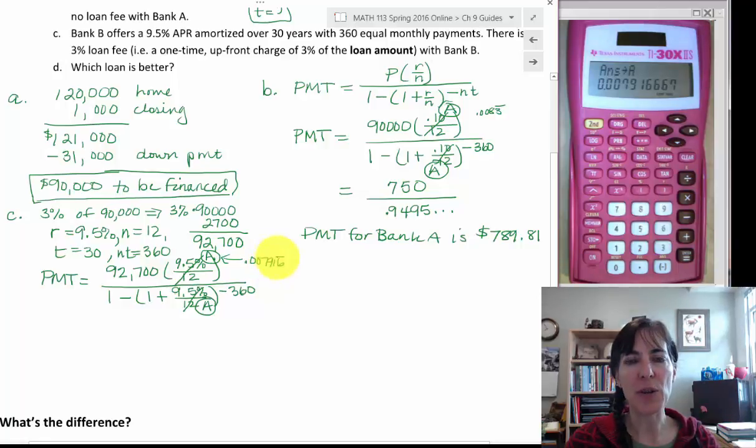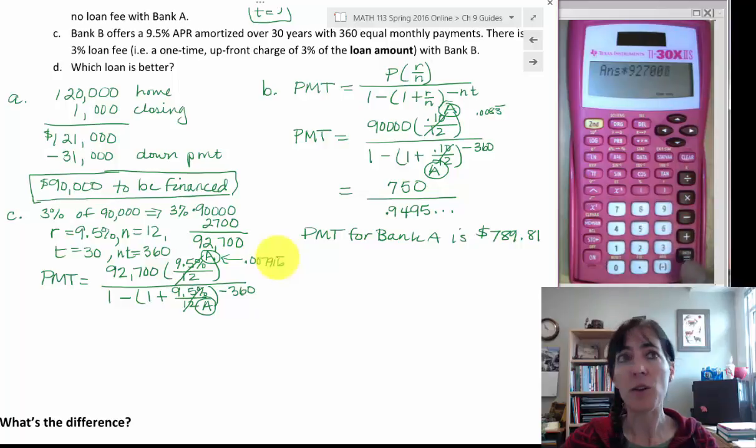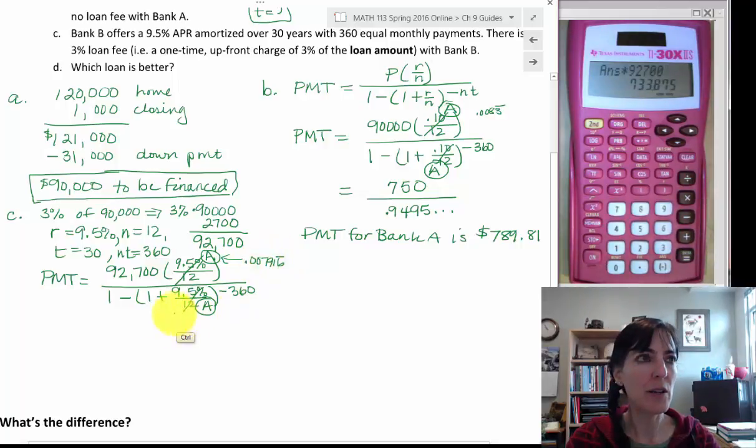My numerator looks pretty easy. I just need to do 92,700 times A. And the A is already sitting on my calculator, so I'll just multiply by 92,700. Push enter, and I get a numerator value of 733.875.